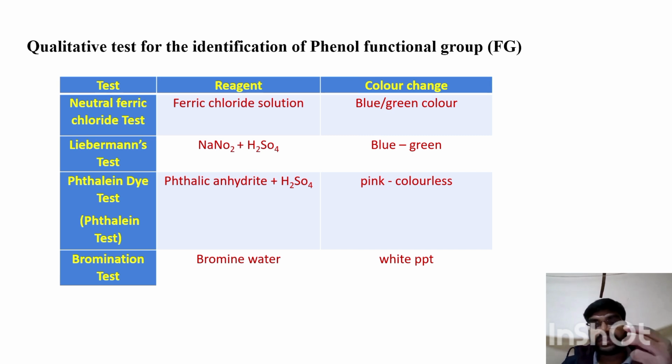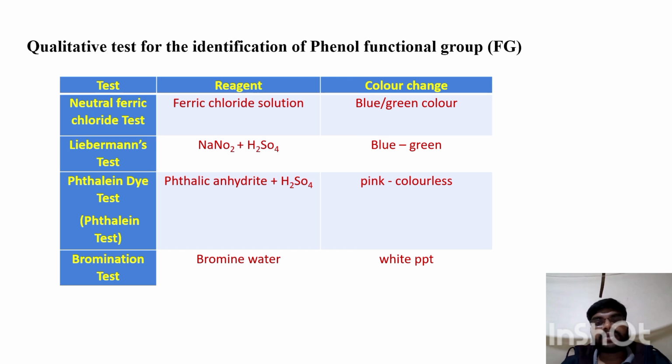Just simply take a test tube containing the sample, which is a phenolic-containing sample, whether it may be catechol or resorcinol or pyrogallol, whatever the compound might be. To this sample we add ferric chloride solution.